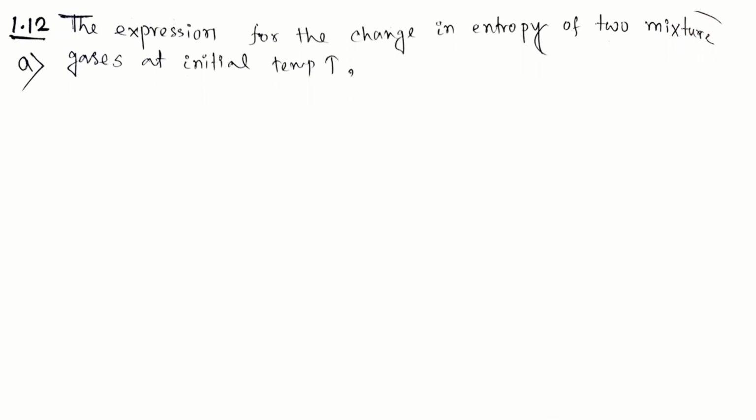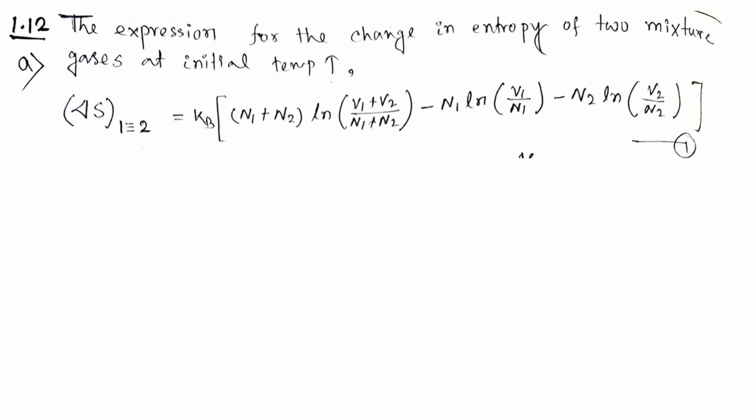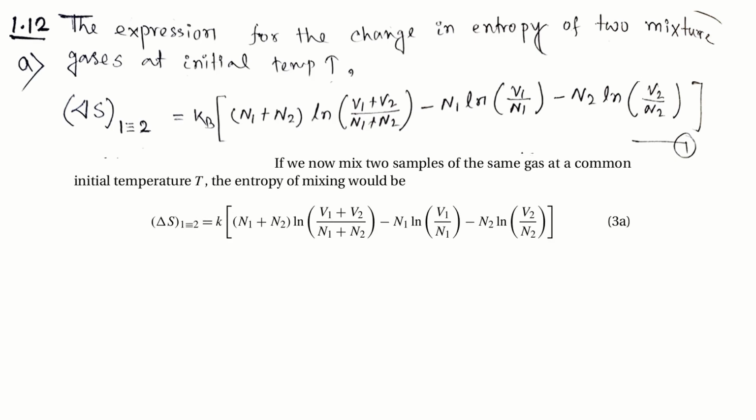So this is the expression for the change in entropy of two mixed gases at initial temperature T. You can find it also in section 1.5. I have attached the equation here. Here you can see the equation.